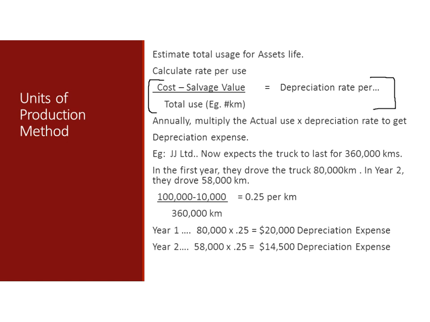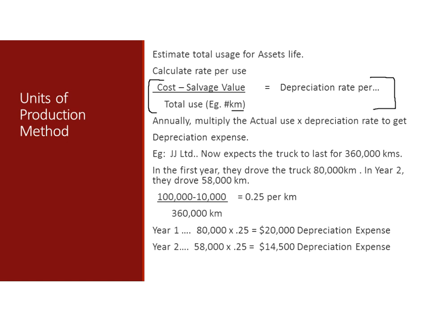And that's going to give us our depreciation rate per whatever we decided to use, per kilometer, per machine hour, or per unit. That gives us a depreciation rate, and so then from that point forward, every year all we will do is multiply our actual use times the depreciation rate to get our depreciation expense.